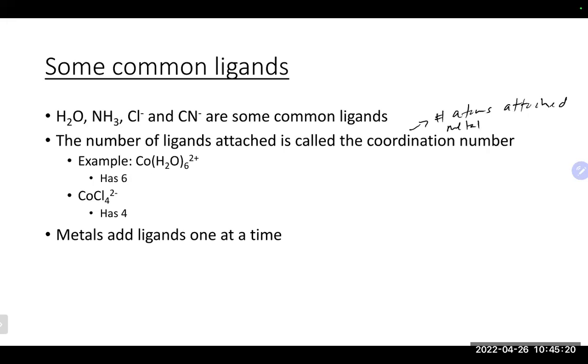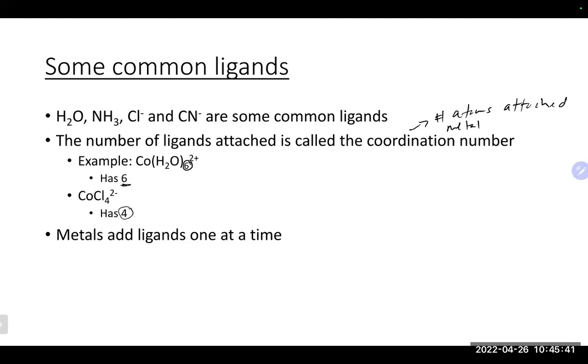So when we look at cobalt with 6 waters attached, each water attaches through the oxygen, which means the coordination number here would be 6. The cobalt has the 4 chlorides attached, each attached through a chloride, which would be 4.